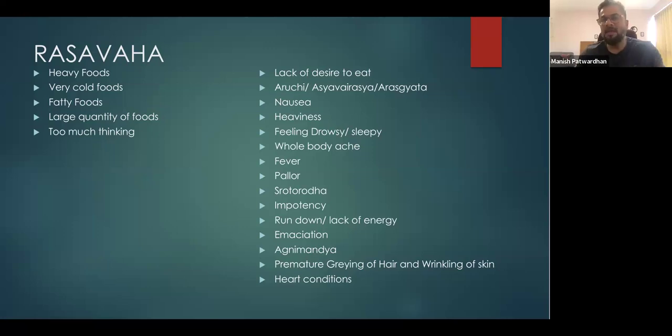Excessive thinking is a causative factor which disturbs Rasava srotas because of the relationship of Rasava srotas with the heart and the mind. Rasa, Prana, and mind are all in one location, the heart.